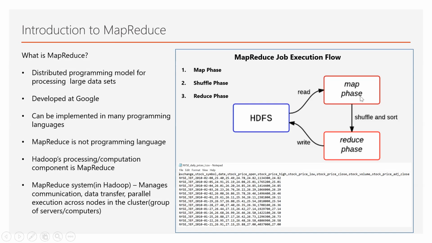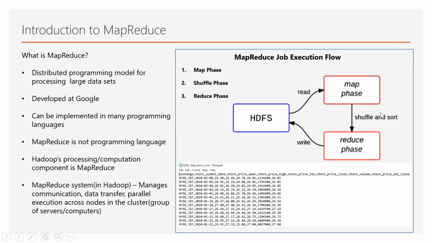Once the mapper is completed, it writes the output to the respective node's disk, and the job client takes the data and sends it to the reducer. Before the mapper result goes to the reducer, there is a shuffle and sort, which is basically a grouping of all your keys.